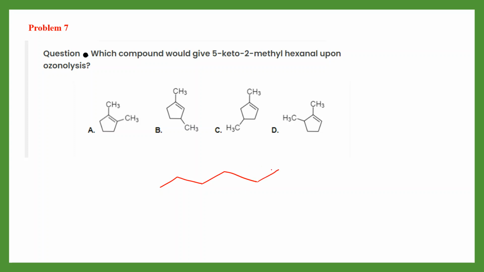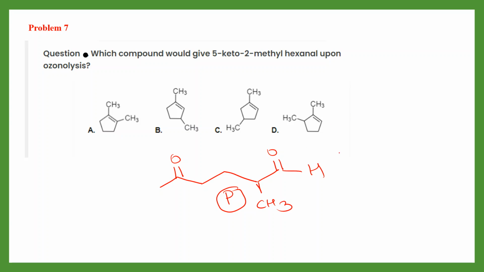Hexanal means an aliphatic aldehyde is there. Am I correct? 1, 2, 3, 4, 5, 6. 2-methyl, 1, 2. 5-keto, 1, 2, 3, 4, 5. So this should be your product.